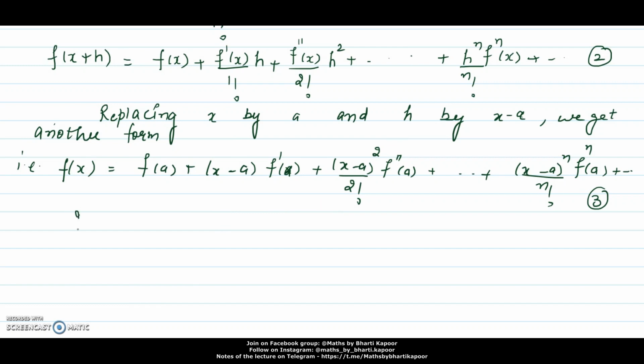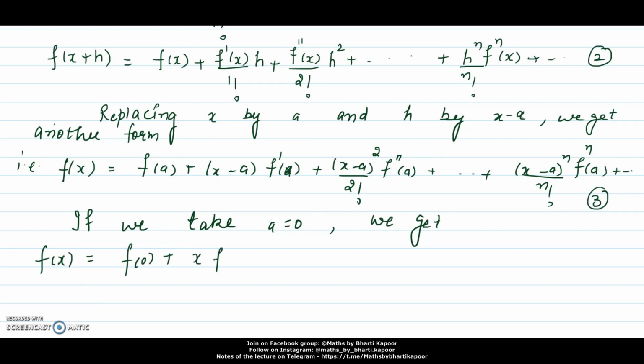In the form obtained in equation number 3 of Taylor's expansion, if we take a equal to 0, we get f(x) equal to f(0) plus x f dash 0 plus x square upon 2 factorial f double dash 0 and so on, x raised to power n upon n factorial f^n(0) plus so on.